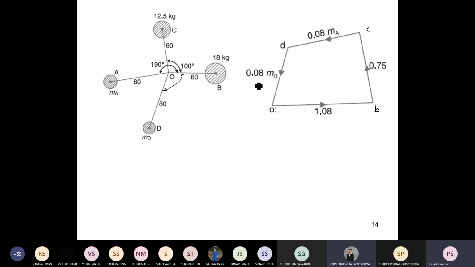Sir, these vectors represent the angular position of mass, so we have to consider the vectors which are parallel to it. See, this vector is parallel to D, so this is FD. This vector is parallel to vector A, so this is FA.